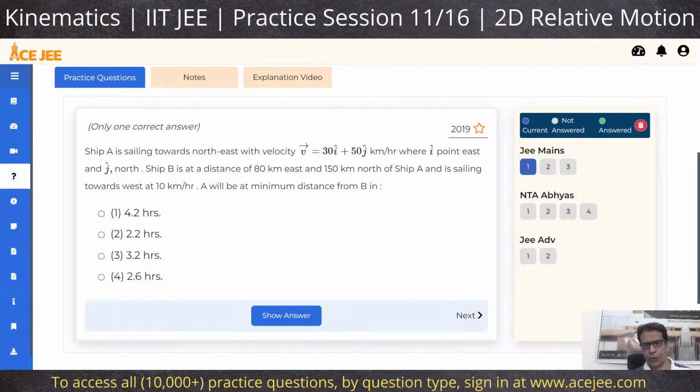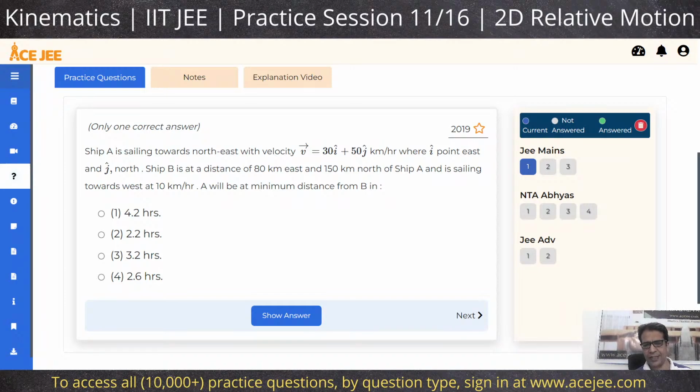For the viewers on YouTube, if this problem seems a little bit tricky, you might want to revisit the lecture on the last Thursday, lecture number 10, and see how we handle such problems. What you have to do is figure out the relative velocity of ship A with respect to ship B or vice versa.